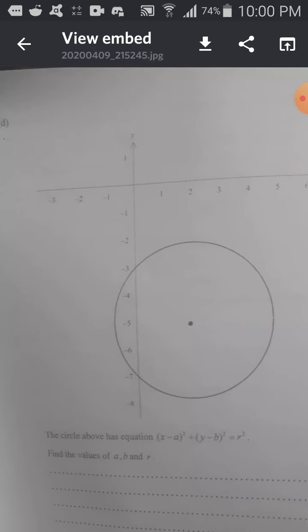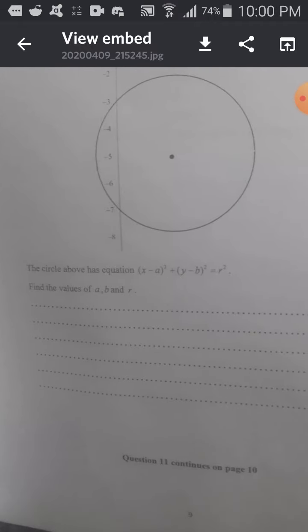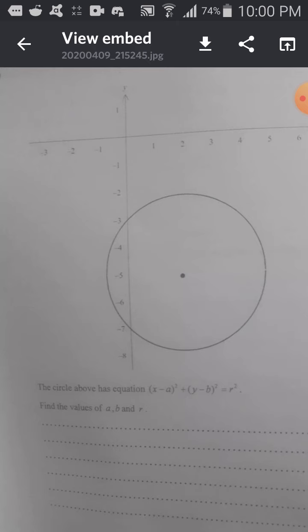So this question over here looks really easy, it looks very easy, but guess what, it gets a bit complicated. The values of a and b are equal to the values of the x point.